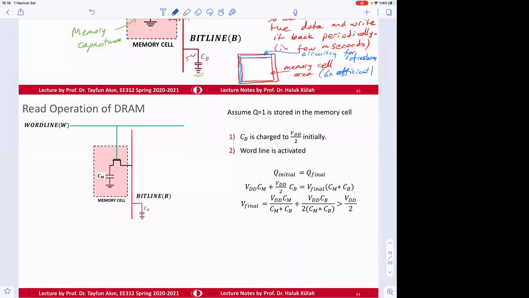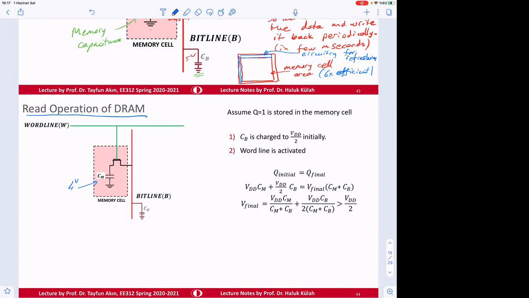So if you want to read the data, how can you read? Let's say you put here 4 volt, and the stored data is 4 volt.